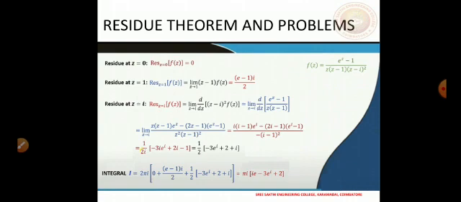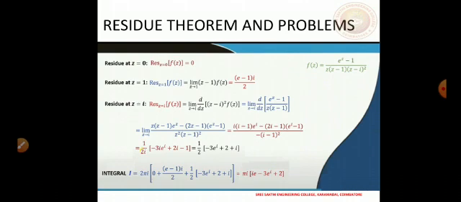So this is just the quotient rule. After simplification, substituting the limit z equal to i, we get this number there, which can be further simplified to get minus 3i, e power i, 2i and then minus 1. So this is the residue at z equal to i.